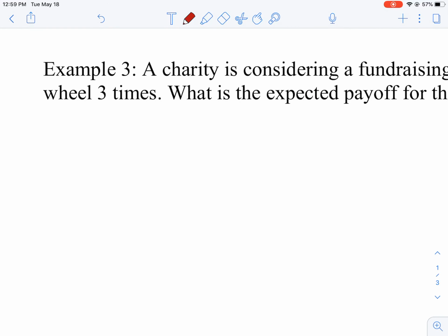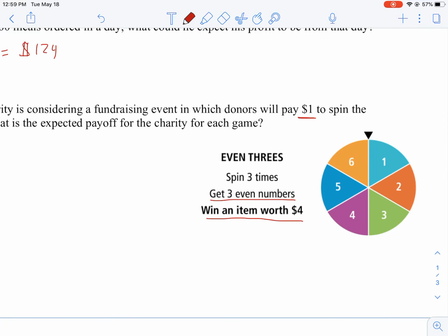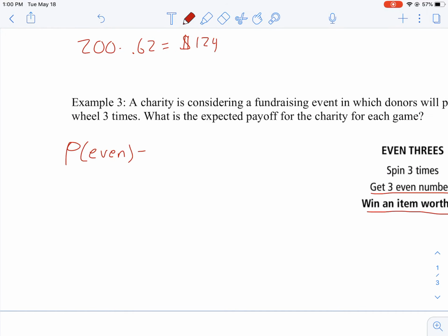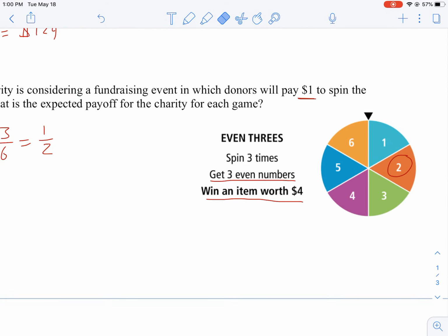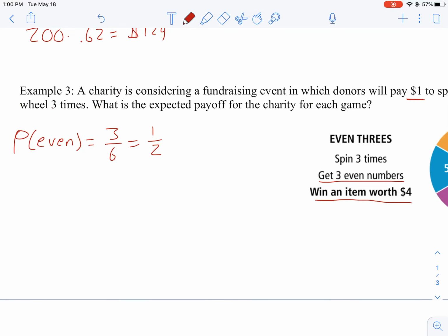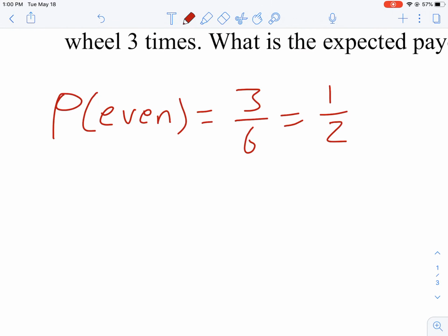So what we want to do is first we want to find what's the probability of getting an even number. Well, we have 6 numbers on here, and we have 3 even numbers, so that's 3 out of 6, which is a half. So there's a 1/2 chance that you're going to get an even number. Now, if they spin it 3 times and get 3 even numbers, that's getting an even number on the first spin and the second spin and the third spin.